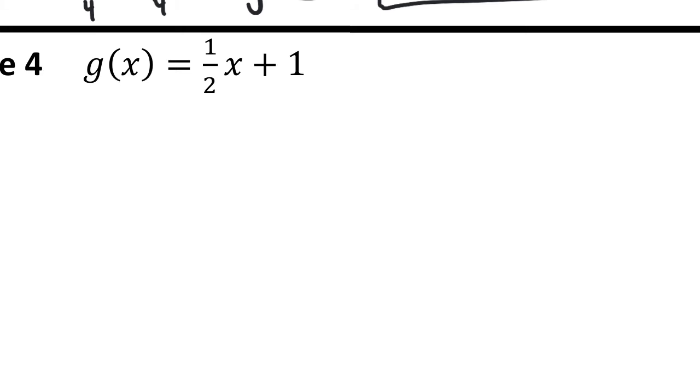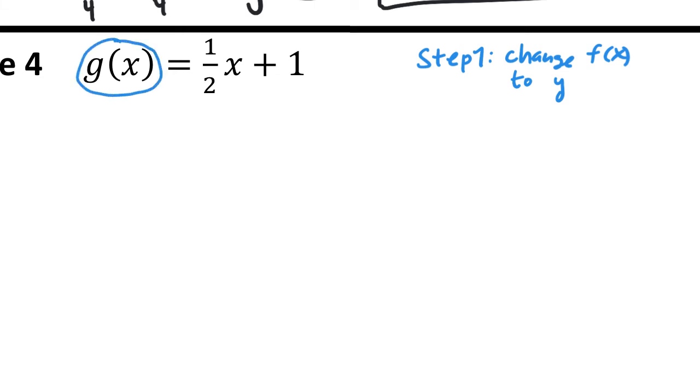So step 1, change f of x to y. Okay, so this says change f of x, but we have g of x. So I'm just going to change that small detail, because it's just saying, instead of f, we're naming the function g.